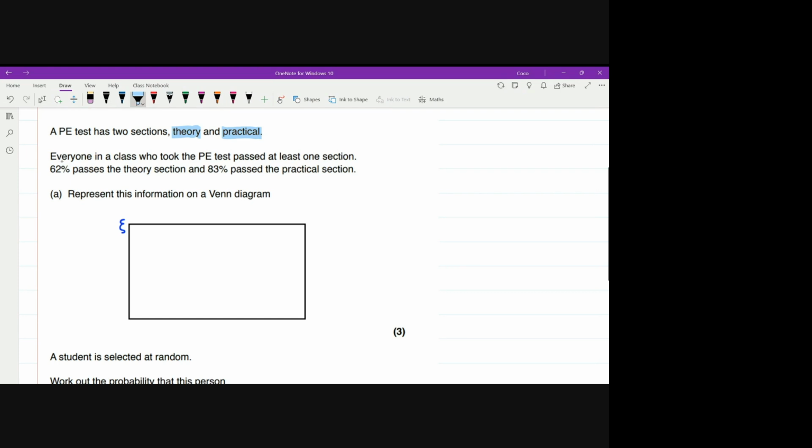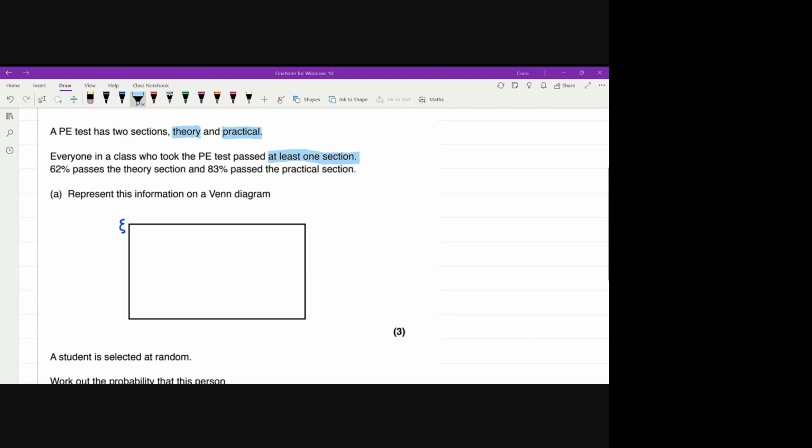Okay, it says everyone in a class who took the PE test passed at least one section. So everybody at least passed one. They've either passed the theory or they've passed the practical, or what?